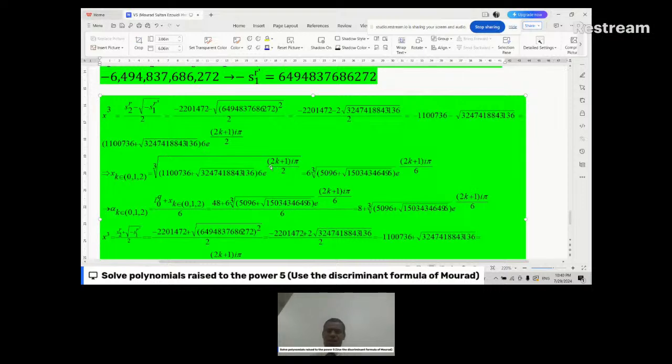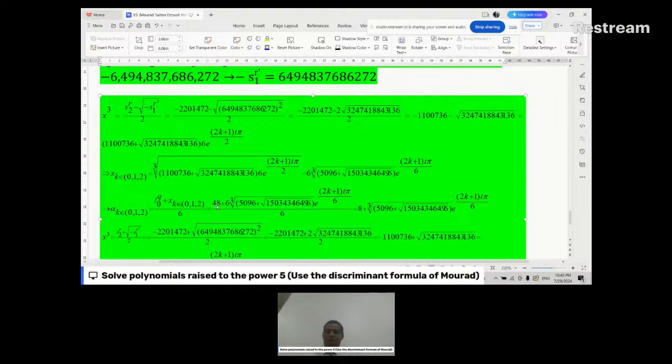Dividing by 3 gives exponential 2k plus 1 i pi over 6. So this is xk. Now to find the roots of my original polynomial to the power 6, you just take L0 for the cube plus xk, divided by 6.